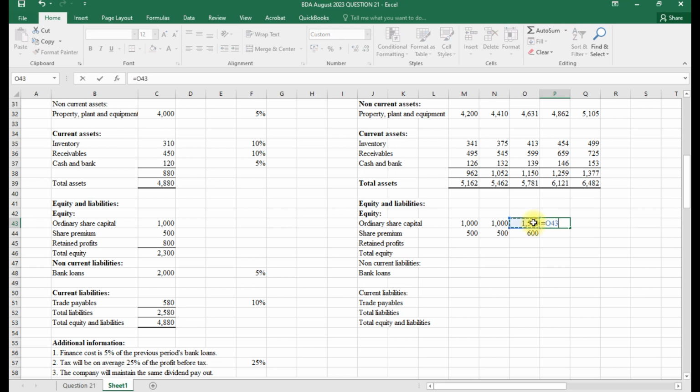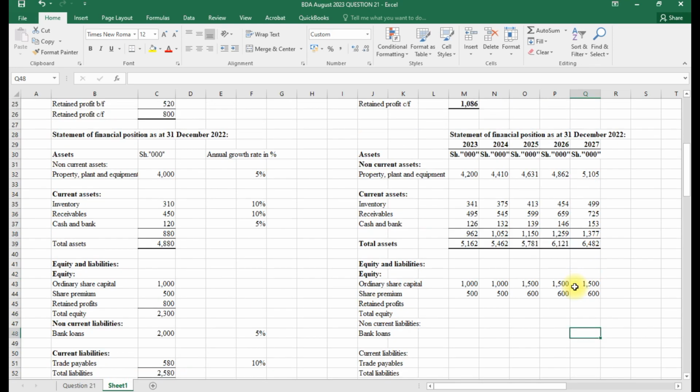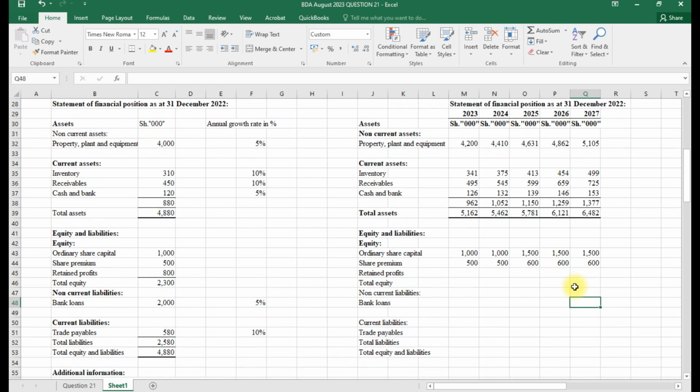It will be the same value. Okay, so 15 and 600. For the other years 2026 and 2027, the value will be that.